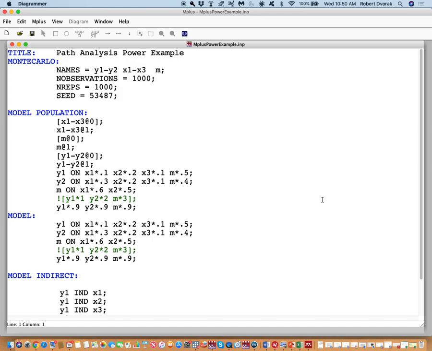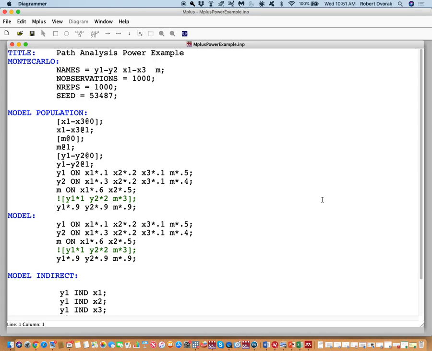And so we have this model that I want to do a power analysis for. This is our basic model, right?